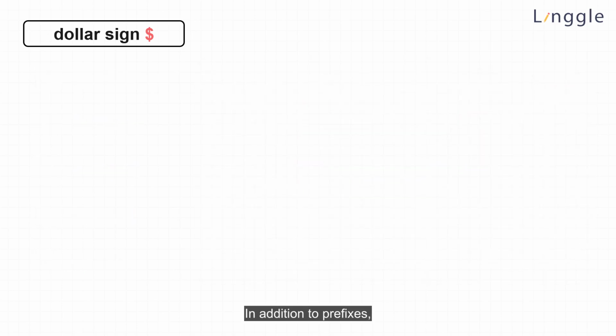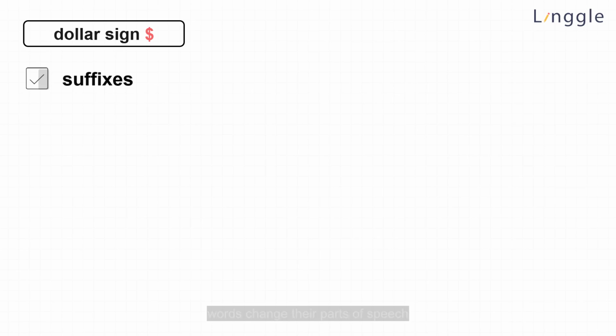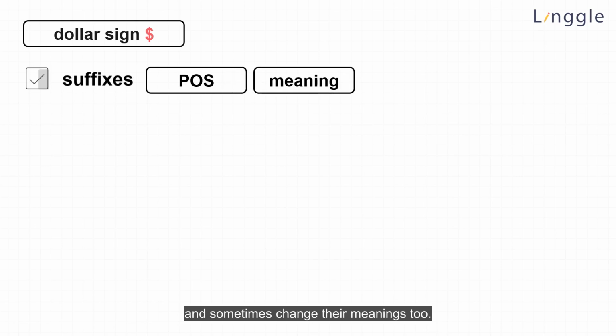In addition to prefixes, suffixes are confusing sometimes. By adding different suffixes, words change their part of speech and sometimes change their meanings too. Suffixes are used differently from word to word. You can also use the $, to help you find the correct suffix usages.